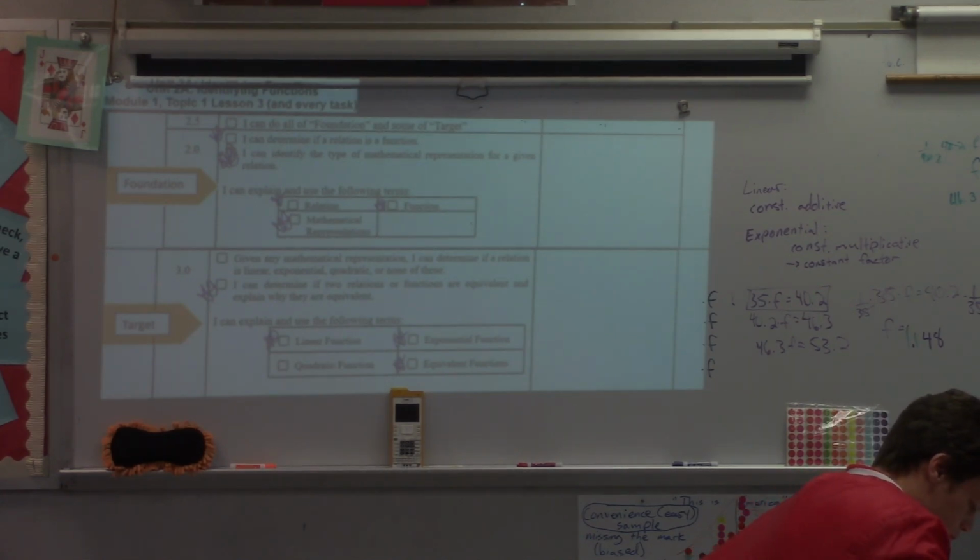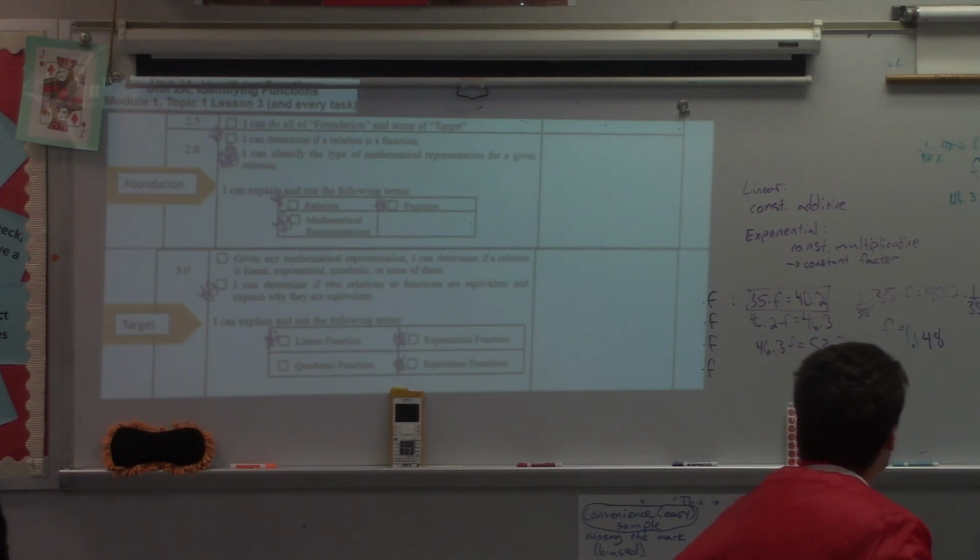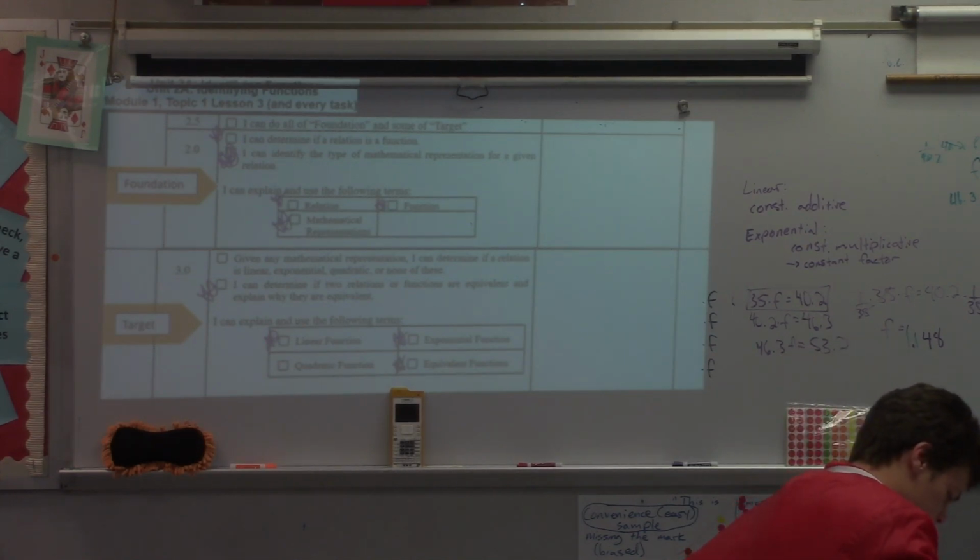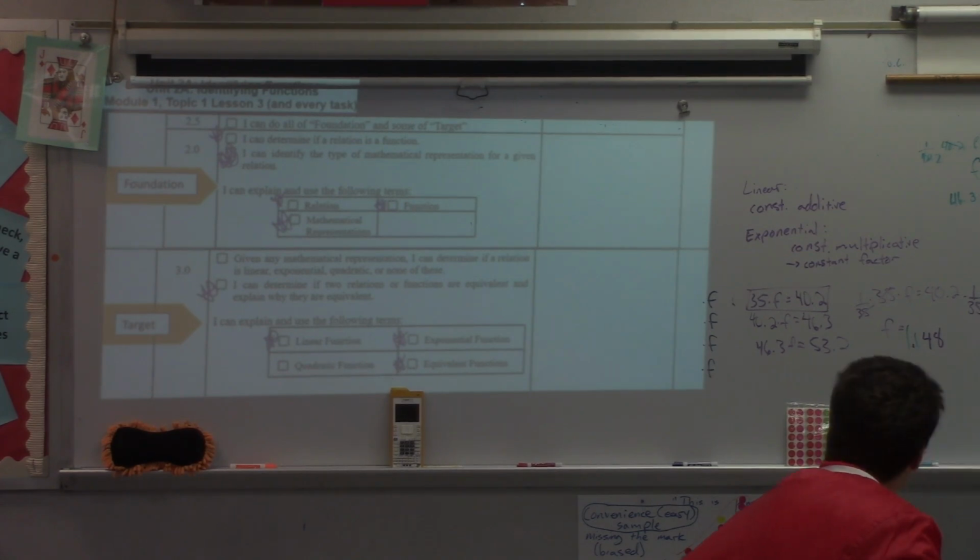What's a relation? Mapping inputs to outputs, that's it. Okay, we're getting there, guys. A function is a relation. It's a special kind of relation, right?